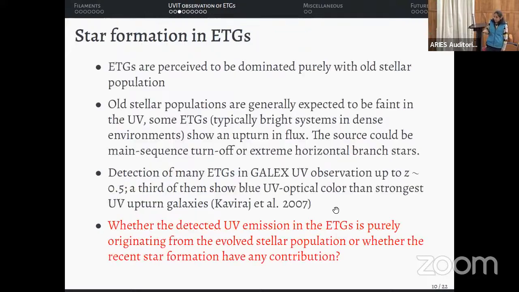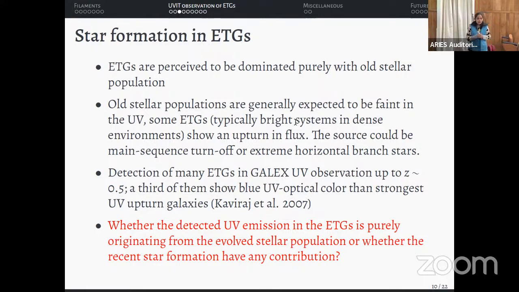Early type galaxies are mostly dominated by a purely old stellar population. If they are dominated by an evolved stellar population, they should be faint in UV.